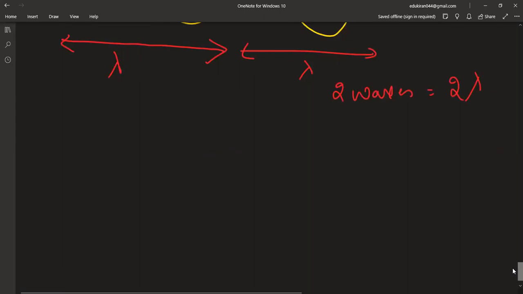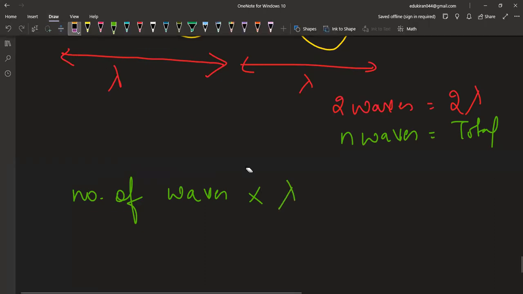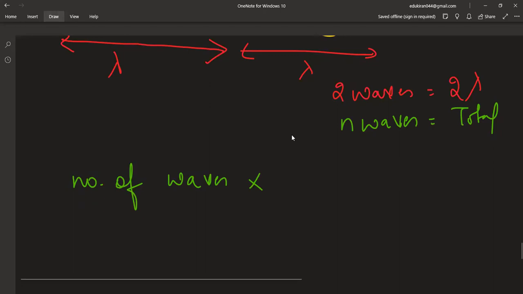So I can basically say that the number of waves, that is 1, 2, 3, n waves we are taking, is equal to the entire length, right? 2 lambda, 3 lambda, 4 lambda, this is the total distance, the number of waves into the wavelength. Let me write it in words. This is better to understand. Listen carefully.